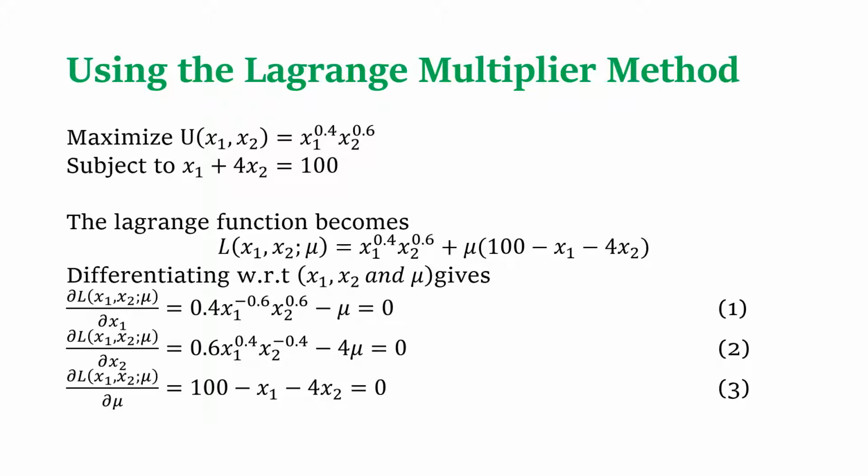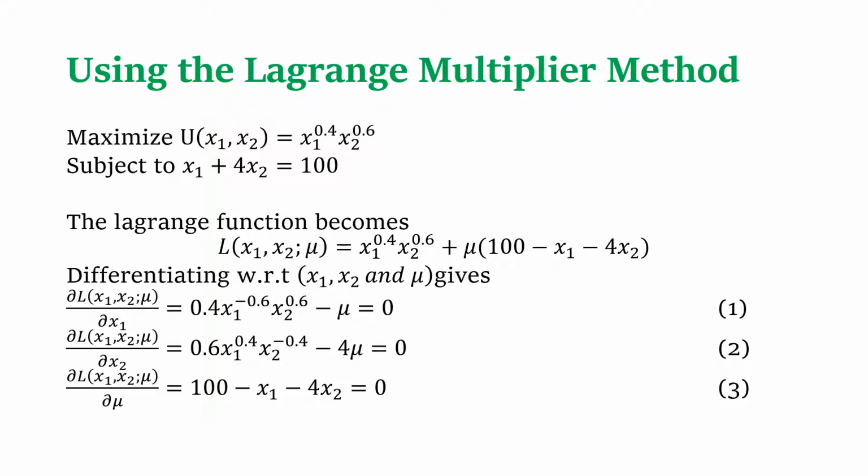So in this case, I use mu as the Lagrange multiplier. All I did here was to get a composite function. The composite function is the Lagrange function, and that Lagrange function has both the objective function as well as the budget constraint.